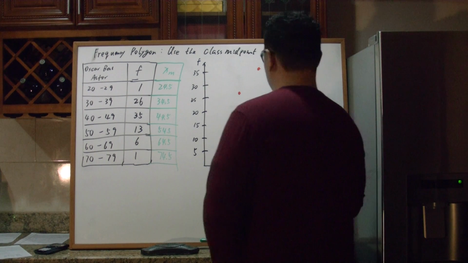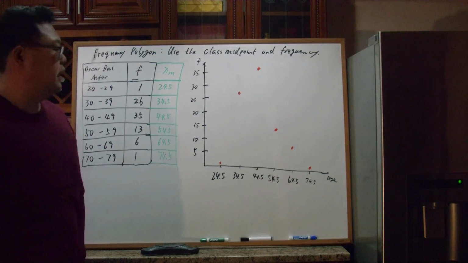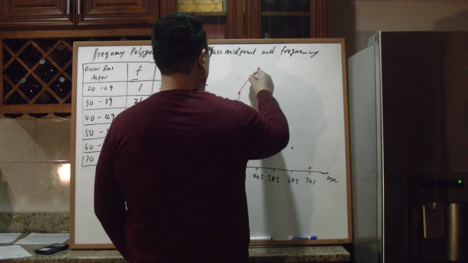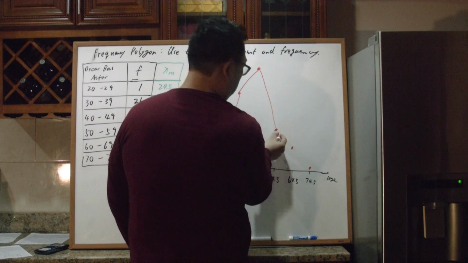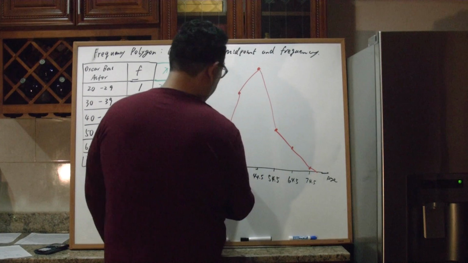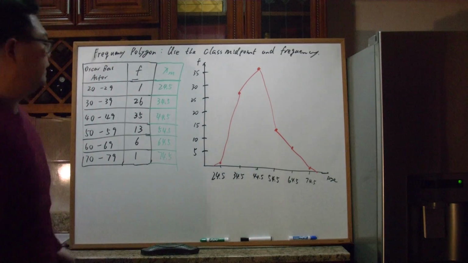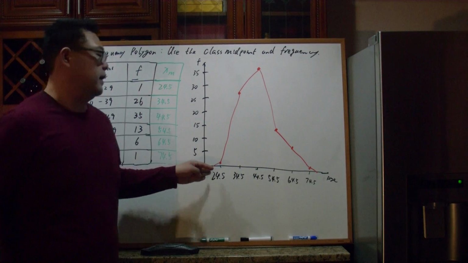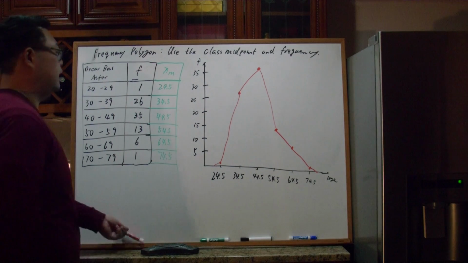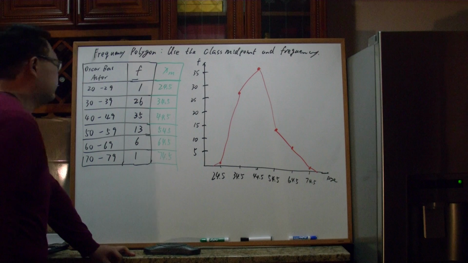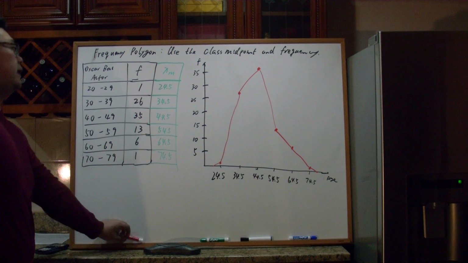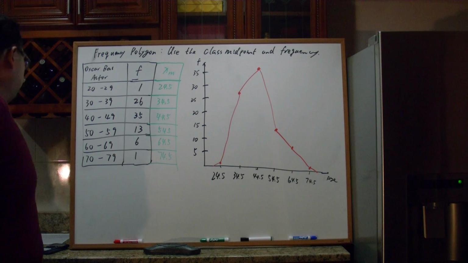Connect the 6 points together by straight lines. Then finally go down a little to the left and right, extending the graph so it touches the x-axis at the lower and upper boundary of the first and last classes. That's how we draw the frequency polygon: we use the class midpoint and the frequency.